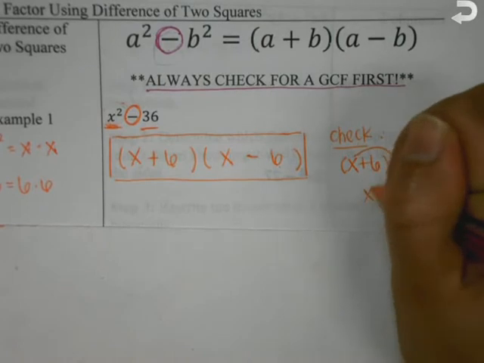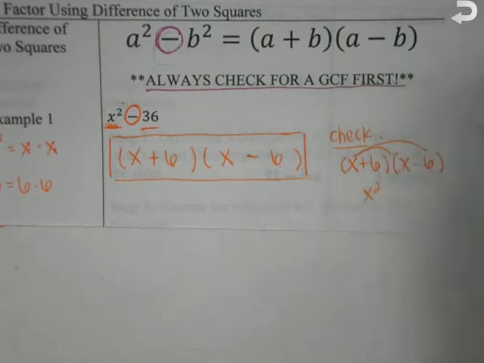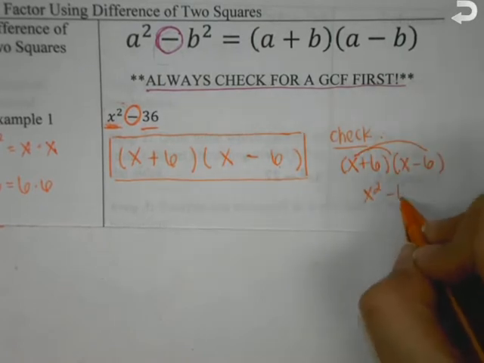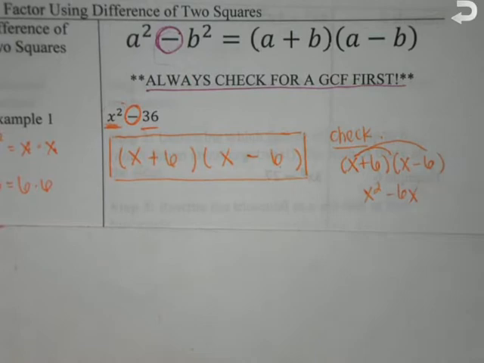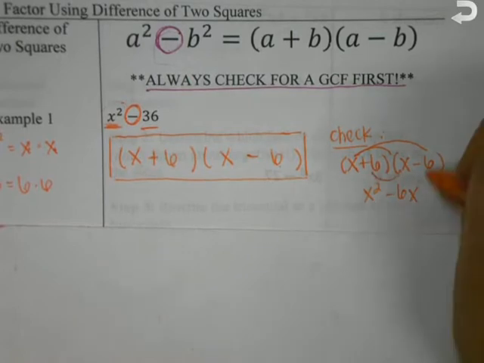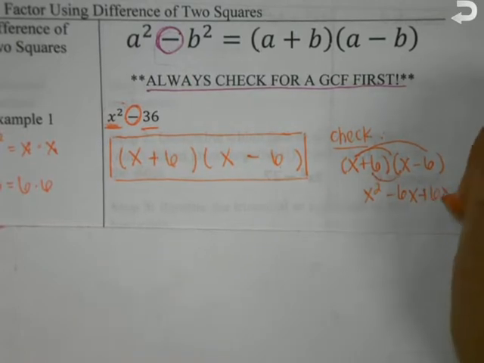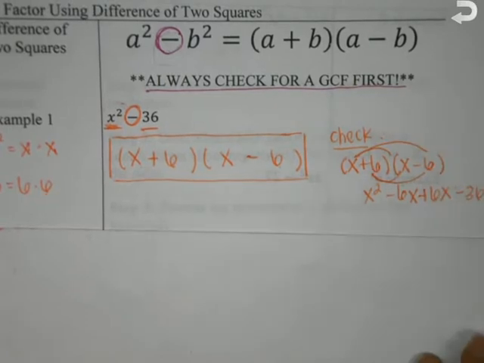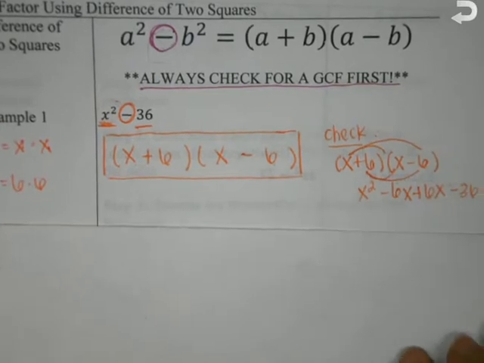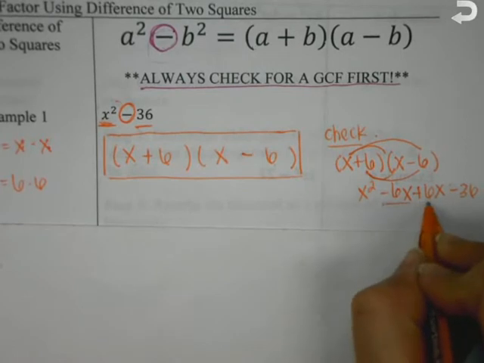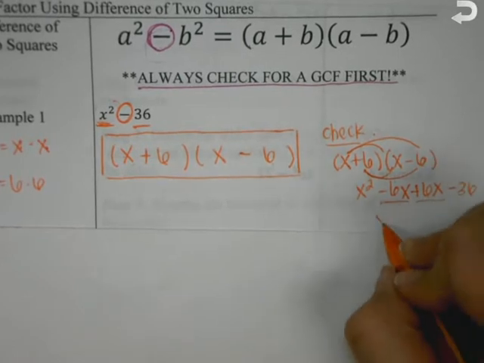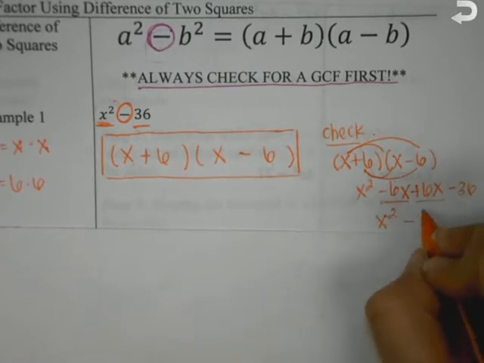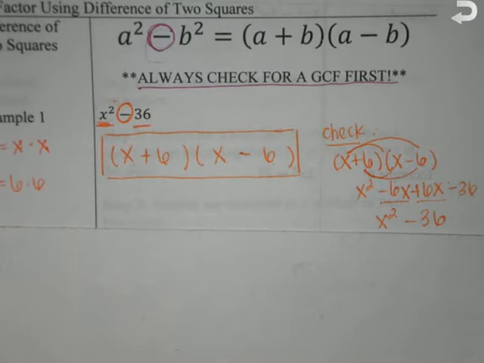X times negative 6 is minus 6x. 6 times x is plus 6x. And 6 times negative 6 gives me negative 36. When I combine like terms, negative 6x plus 6x, what happens? They cancel, so I'm left with x squared minus 36. Is that what we started with? Yes, so we got the correct answer.